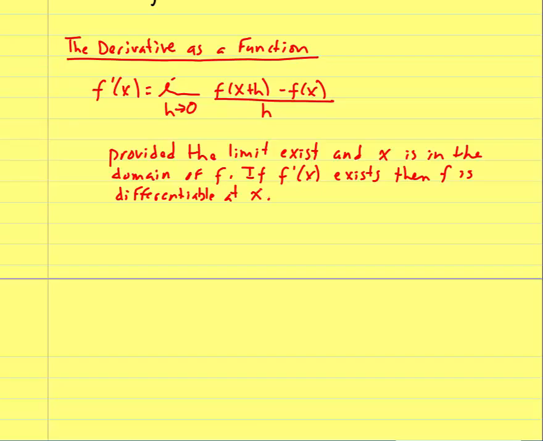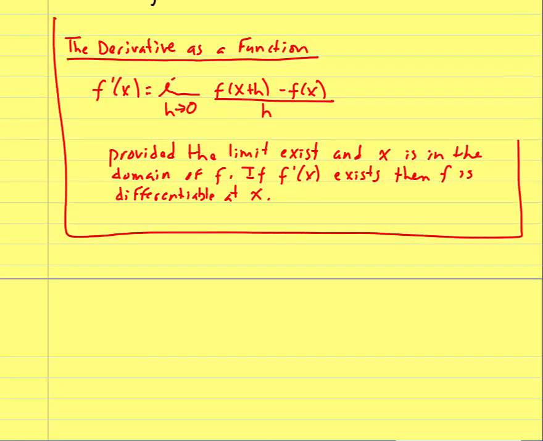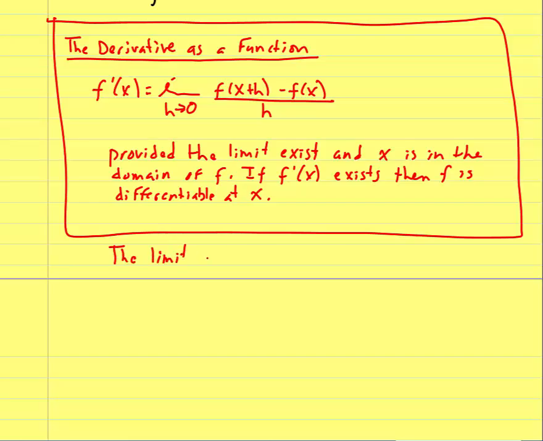Okay, if f is differentiable at every point on an interval, we say it's differentiable on that entire interval I. So it's important to talk about that differentiability over an interval, but let's go ahead and just get used to this derivative as a function. This is called the limit definition of the derivative. And again, you're going to want to have this memorized because we're going to be using it often.